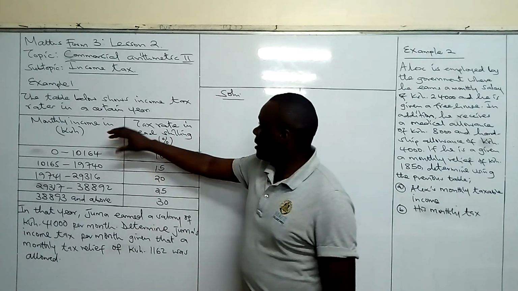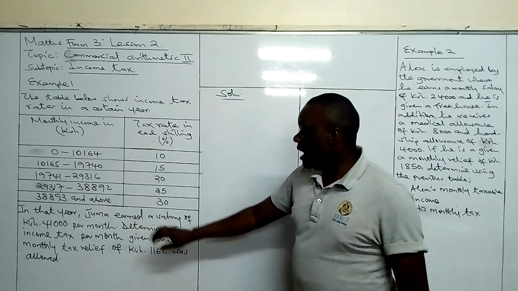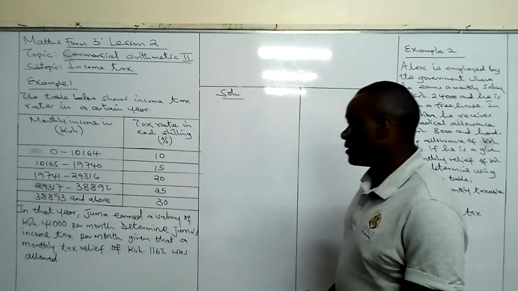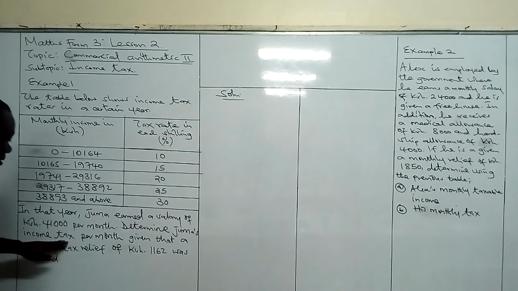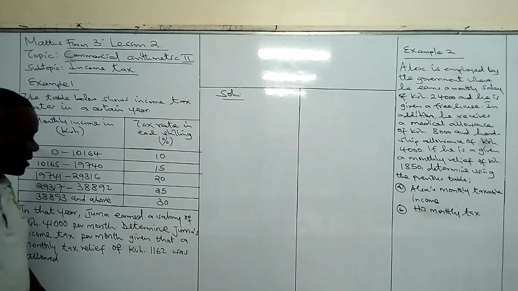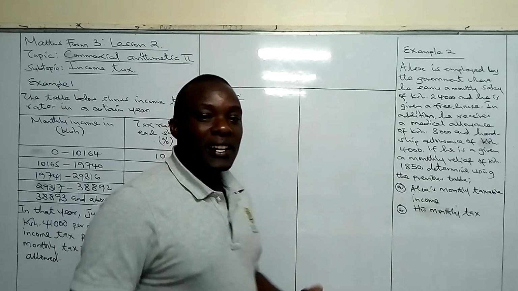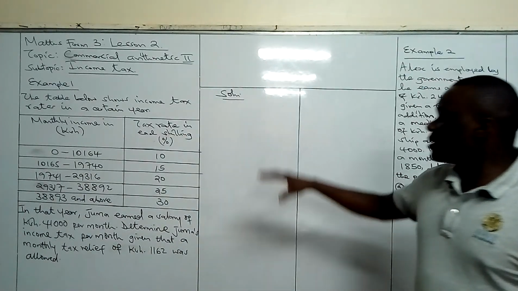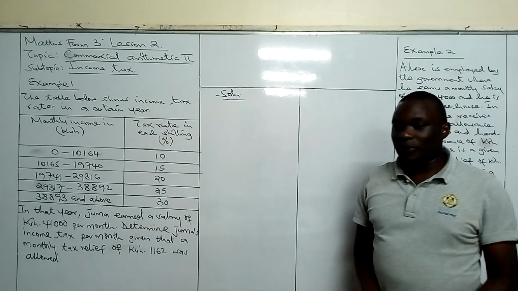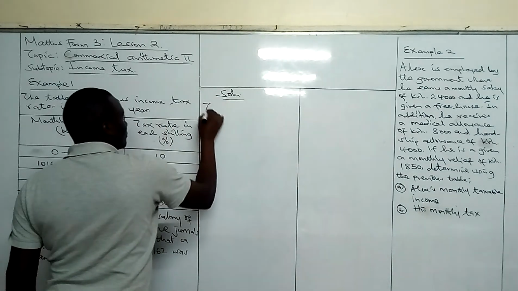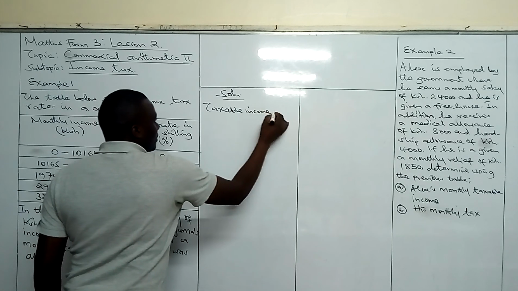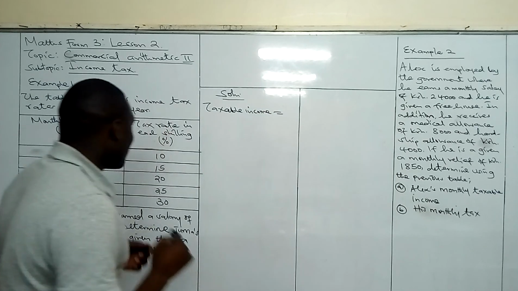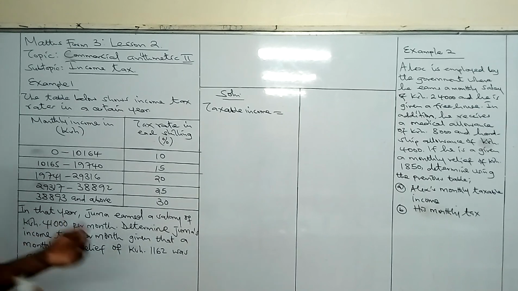We have been given income tax rates, and the question wants us to find Juma's income tax per month, given that he gets a relief of 1,162. So we will start by finding the taxable income. We must start by obtaining the taxable income before we go to the slabs.